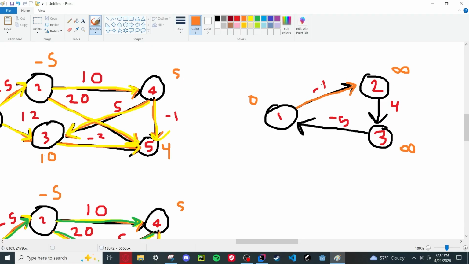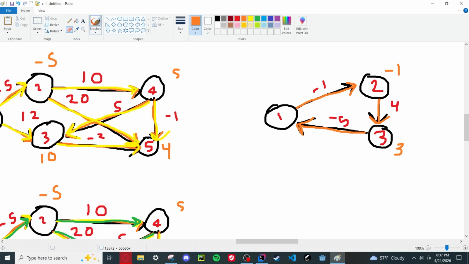So this is going to be 0 minus 1 is -1. Obviously it's just less, so I'll make this a -1. -1 plus 4 is 3. Obviously 3 is less than infinity. That's simple, right? 3 minus 5 is -2. Okay, I see that. Let us change this to -2.